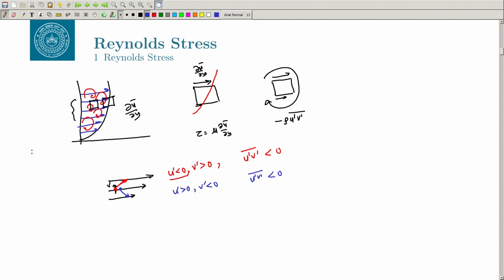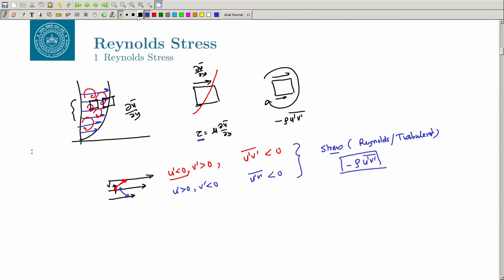Okay. So, in other words, you can define the stress equivalent to the stress, the viscosity that you have. This is called the Reynolds stress, or also called the turbulent stress, which is given by minus rho u prime v prime bar.